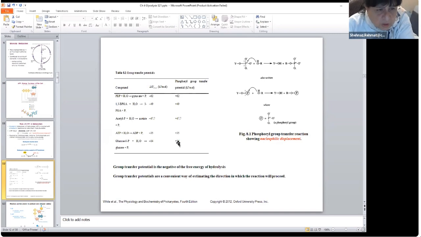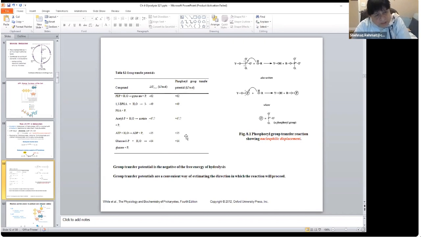Glucose 6-phosphate has a lower phosphoryl transfer potential than your ATP hydrolysis. So I'm giving you examples of some of these chemical compounds that will drive reactions rather than just ATP. So as such, group transfer potential is the negative of the free energy of hydrolysis, which is always denoted by delta G prime.